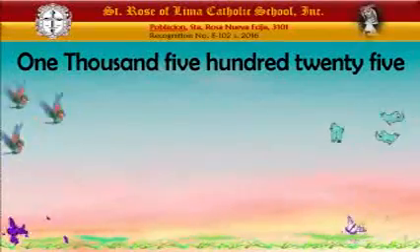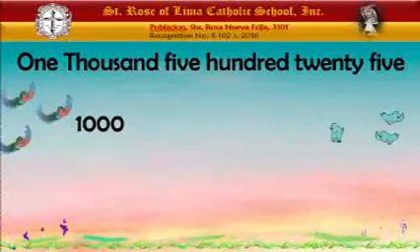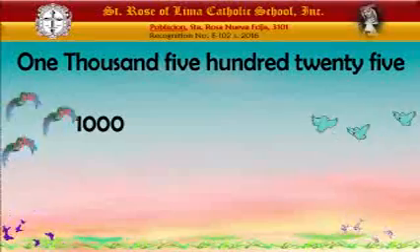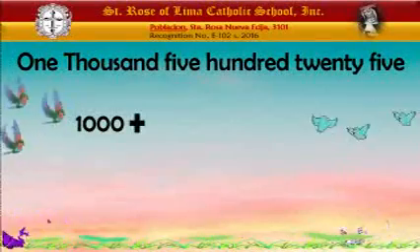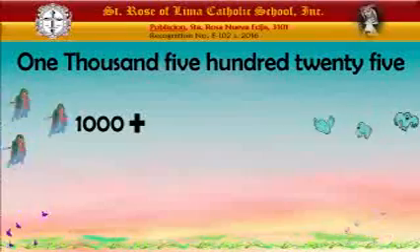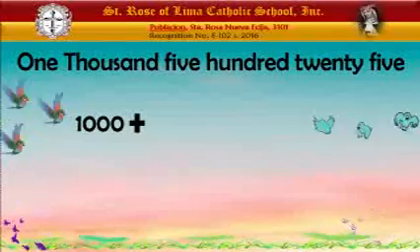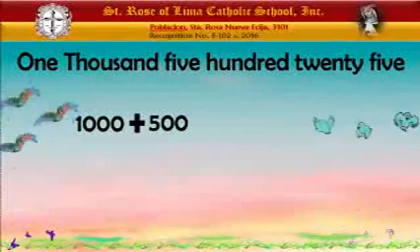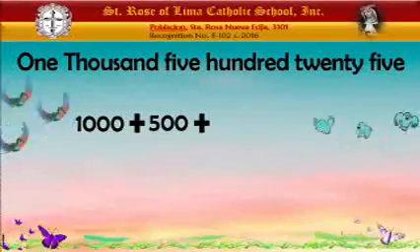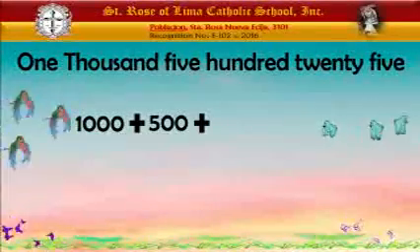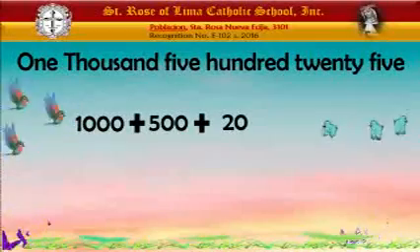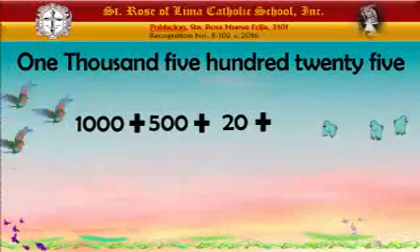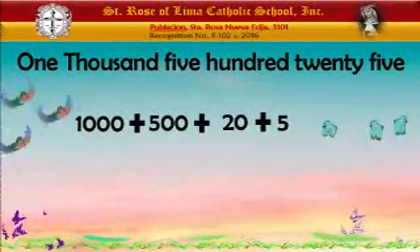We write 1,000 as 1, 0, 0, 0 plus, let's write 500 in numerals, and we write 500 as 500 plus, we have the 20, so we write 20 as 20 plus, we have there the 5, so we write 5 as 5.